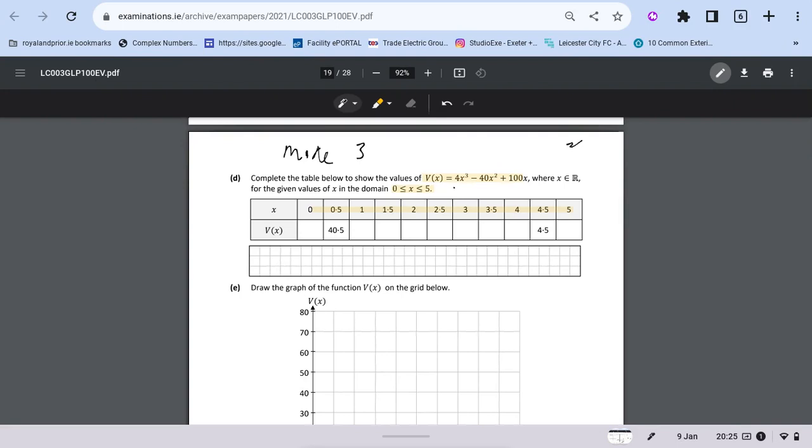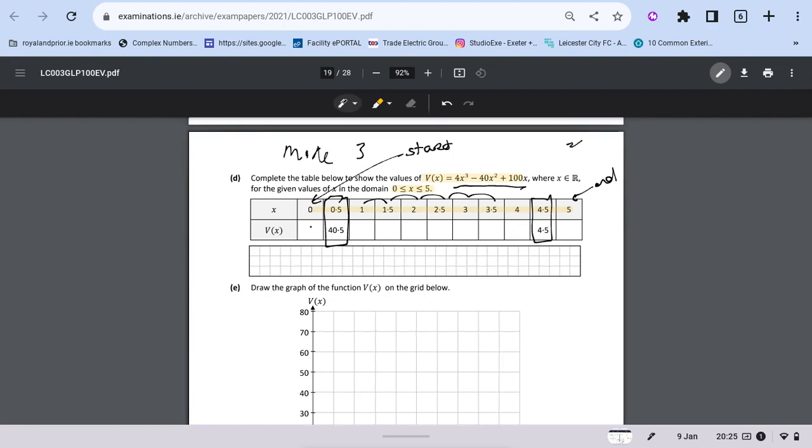Now your rule is 4x cubed. You start at 0, you end at 5, and your step is 0.5. They're going up 0.5 each time. And you'll know if you're right from the values which they give you.